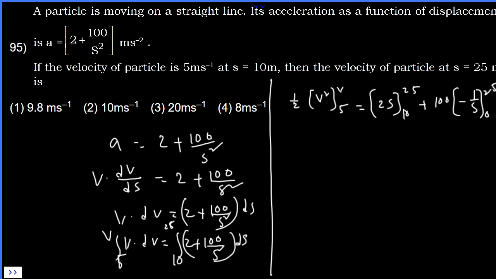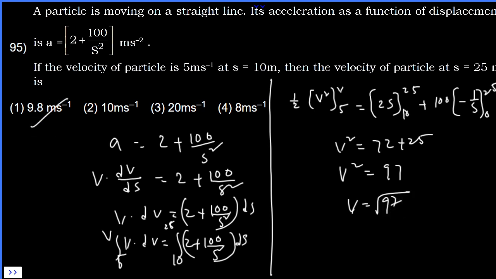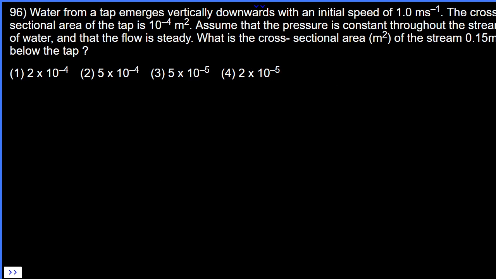After simplification we get v square is equal to 72 plus 25, which is 97. V is equal to root 97, which is 9.8 meter per second. Option number 1.